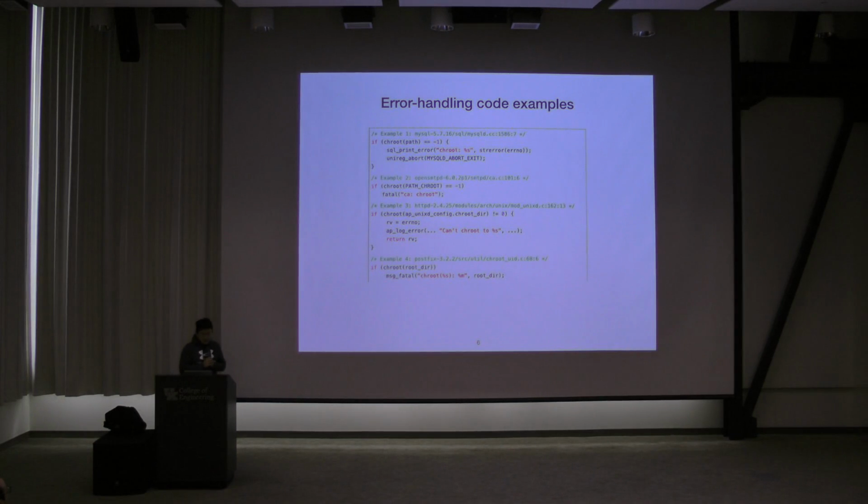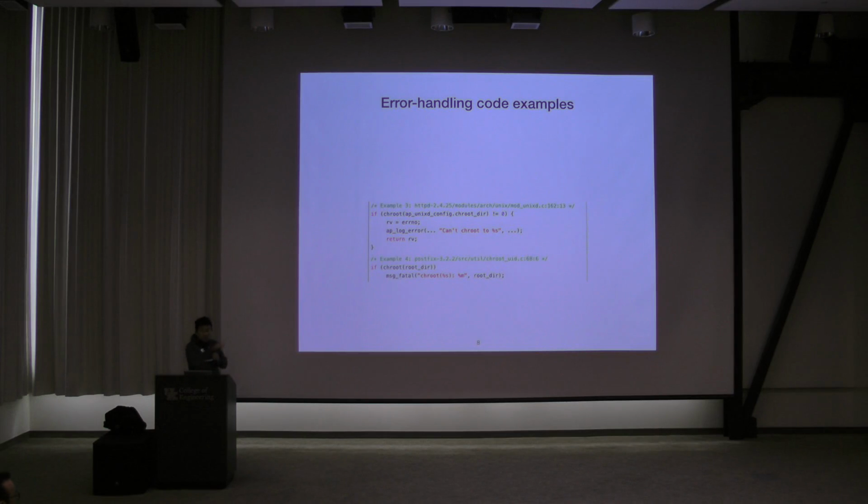To achieve this, we study real-world source code. Here are some examples calling the function chroot. In the first two examples, when chroot returns -1, they print something. The other two examples print something when chroot doesn't return 0.